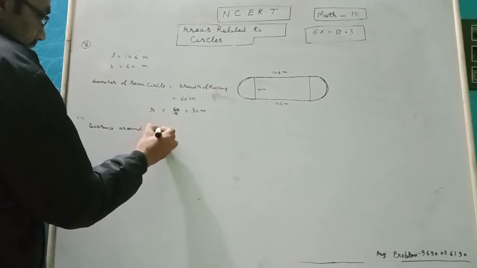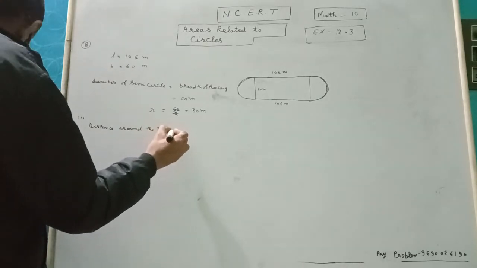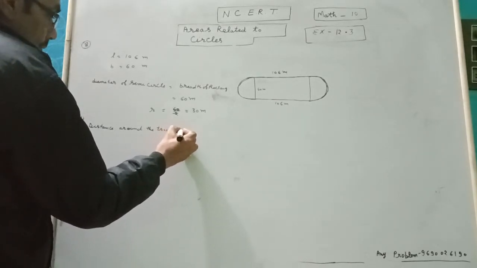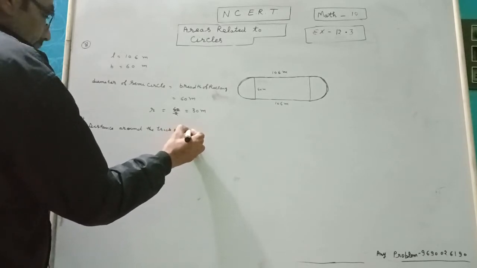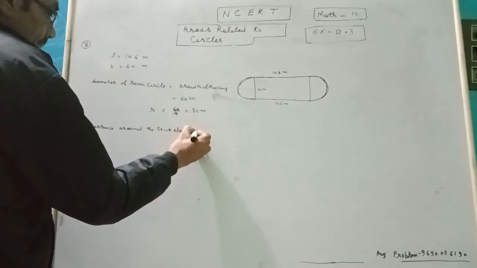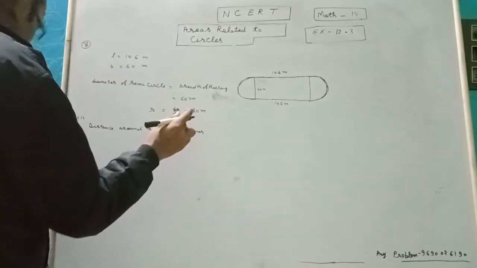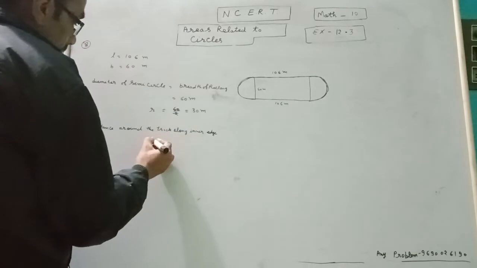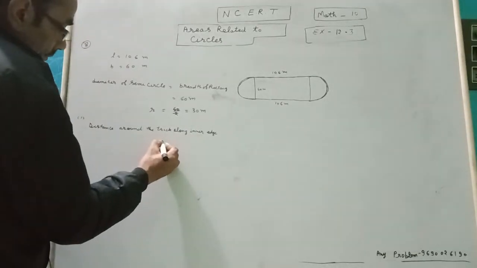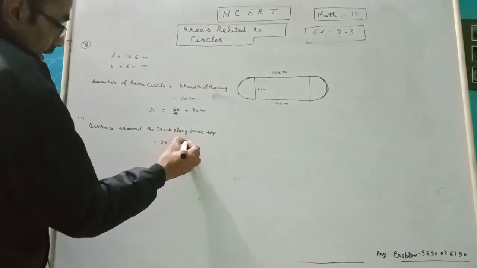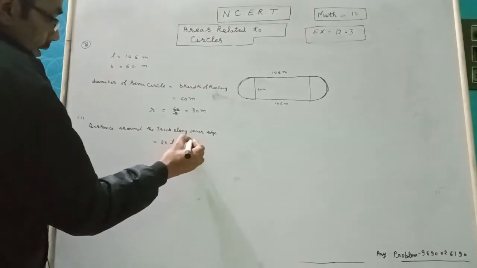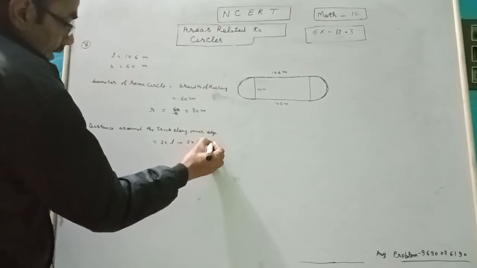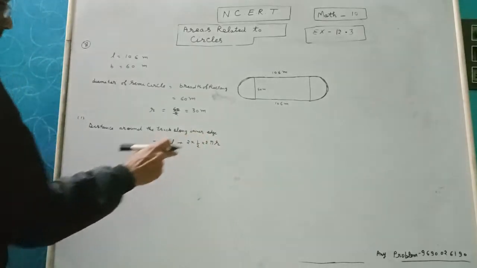Around the track along its inner edge will be 2 into L plus 2 into 1 by 2 into 2 pi r, which is the circumference of the semicircle.